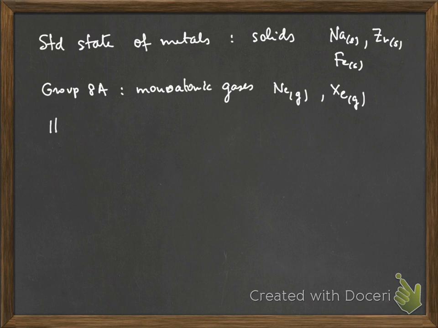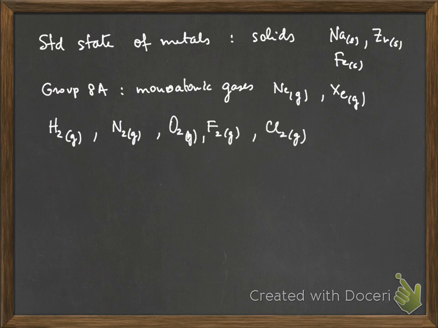So you already know this: hydrogen, nitrogen, oxygen, I forgot the G, fluorine, chlorine. For those elements, for the 5 elements that I have listed here, they are gases, yes, but diatomic.